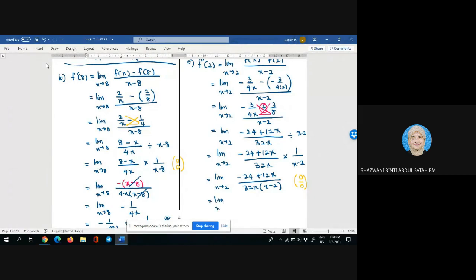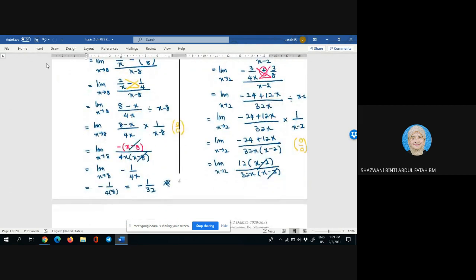Basically, we can factorize 12. In the bracket, you have x minus 2 in the numerator, and in the denominator 32x times x minus 2. When you cancel, 12 and 32, just press the calculator, this you will get 3, this one you will get 8.